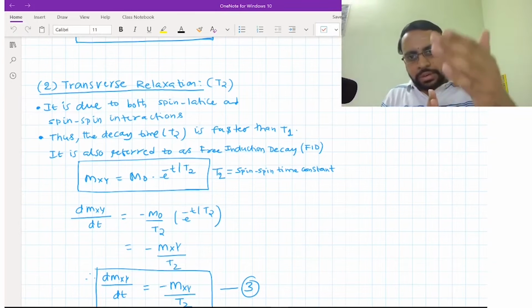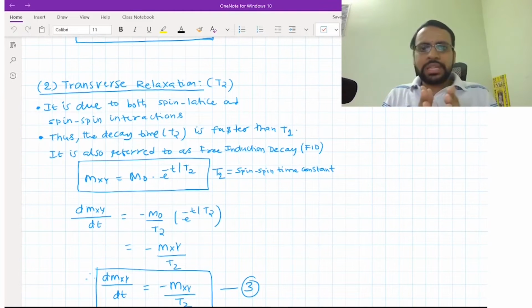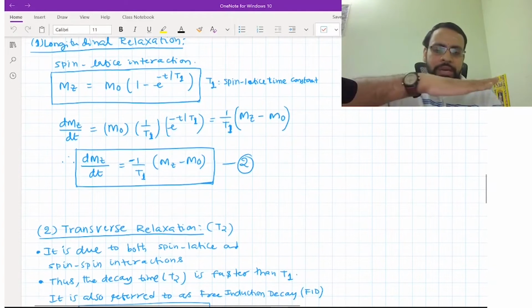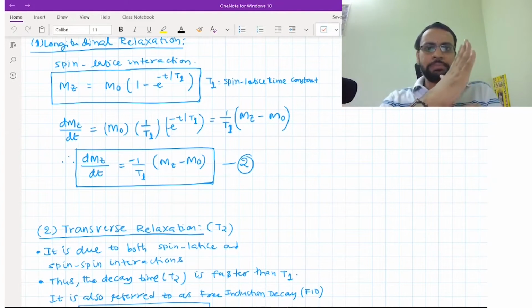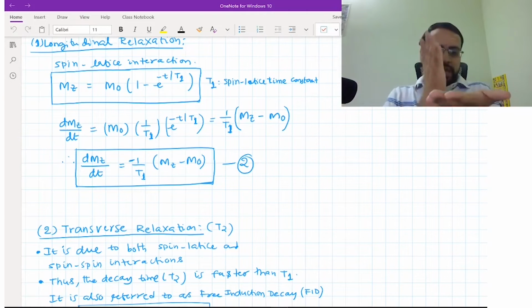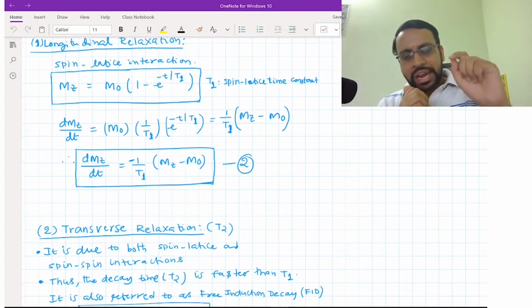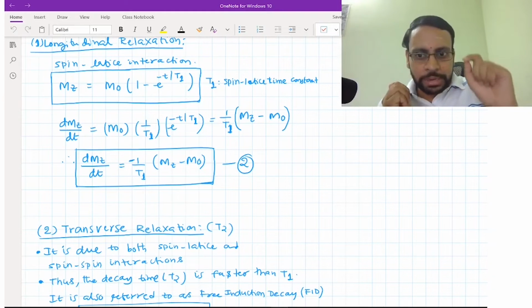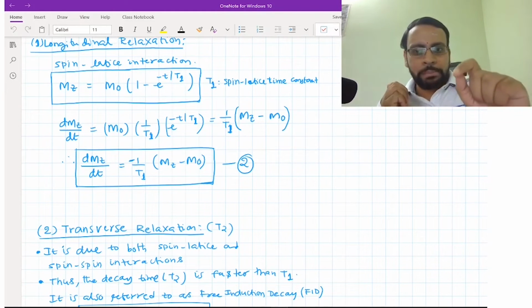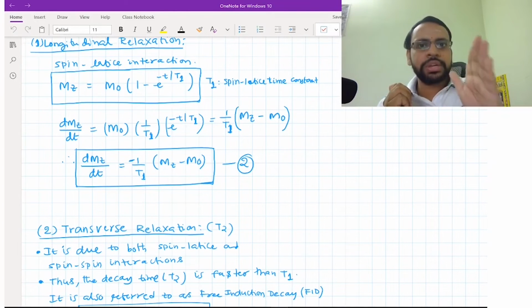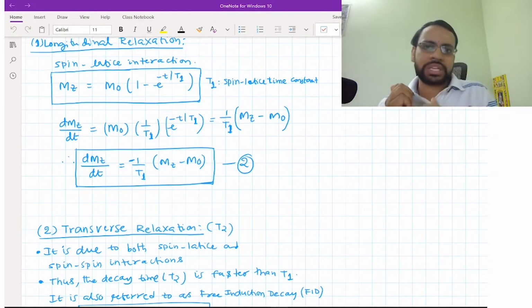First, as you have seen earlier, there are spin-lattice interactions; because of that, as it is coming up towards the z axis, the xy component keeps reducing. In addition, another phenomenon that contributes to Mxy, the magnetic field in the xy plane, becoming zero is spin-spin interactions.